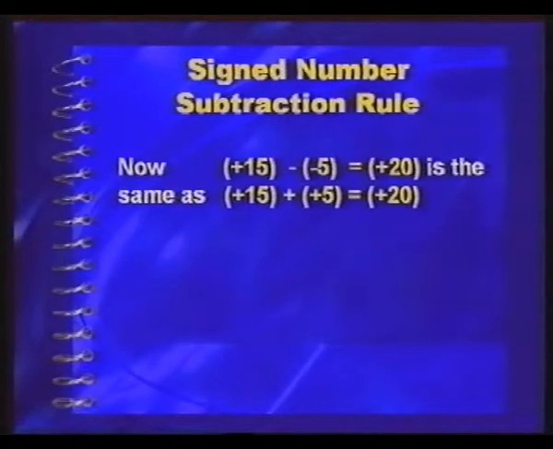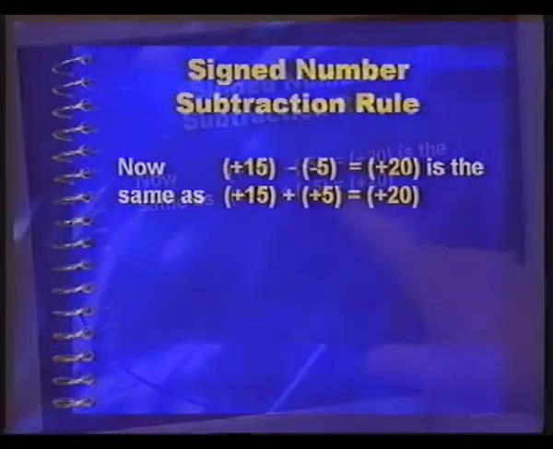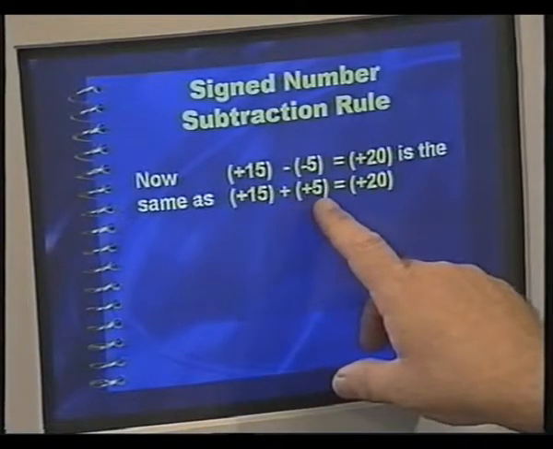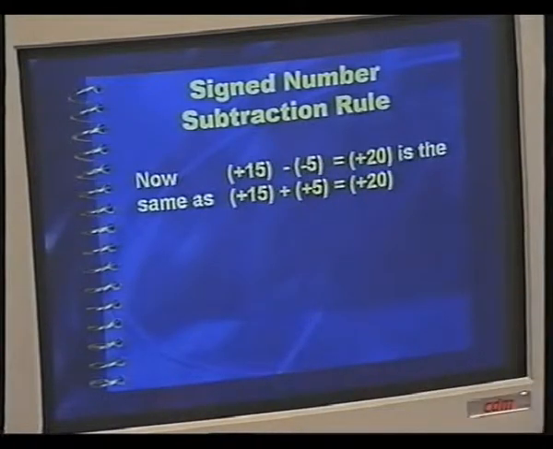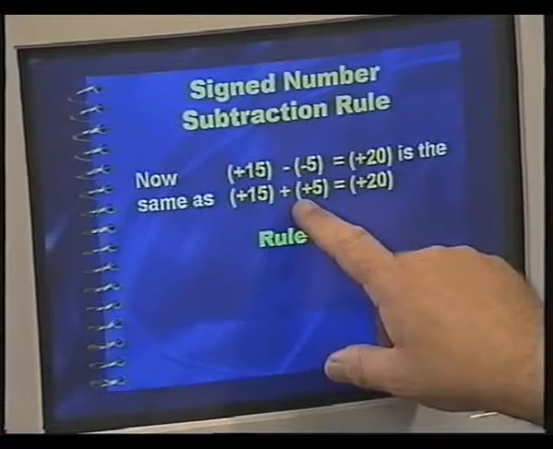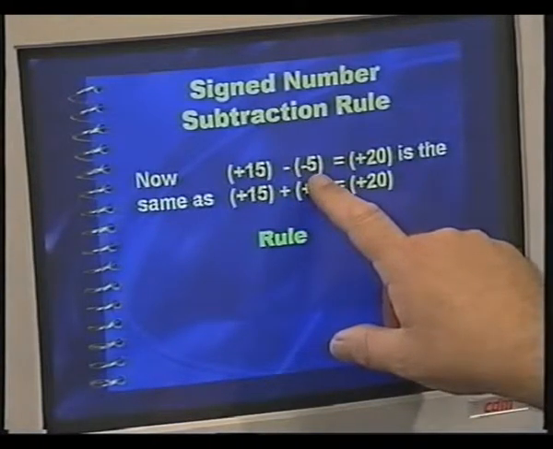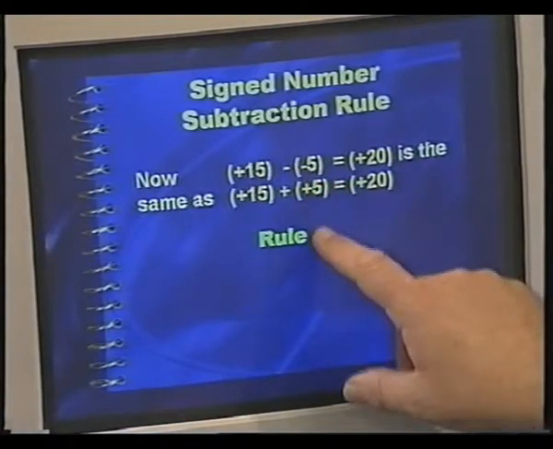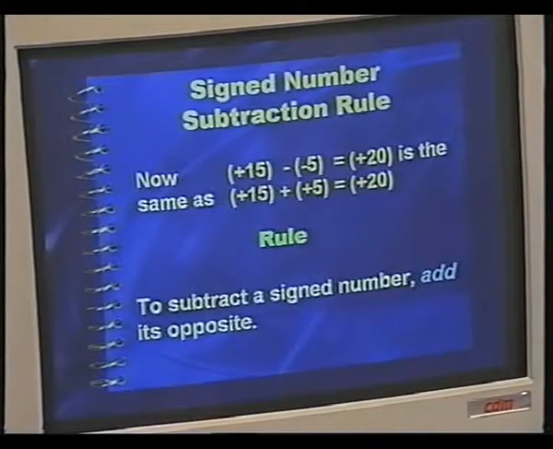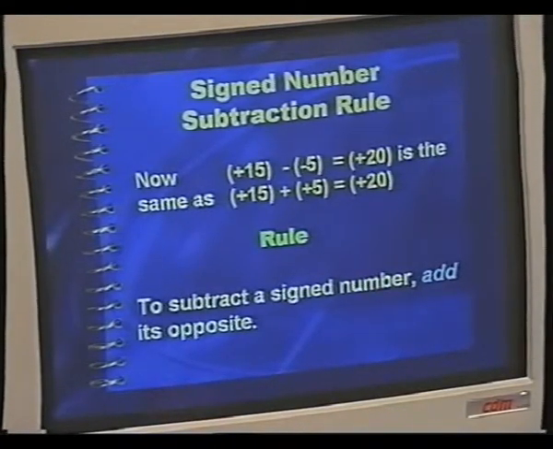Illustrated here: positive 15 subtract negative 5 equals positive 20, which is the same result I would get if I add positive 5. So you can see that subtraction can be changed into addition, but then you have to adjust the sign from a negative to a positive. And in fact, that is the rule. To subtract a signed number, add its opposite.